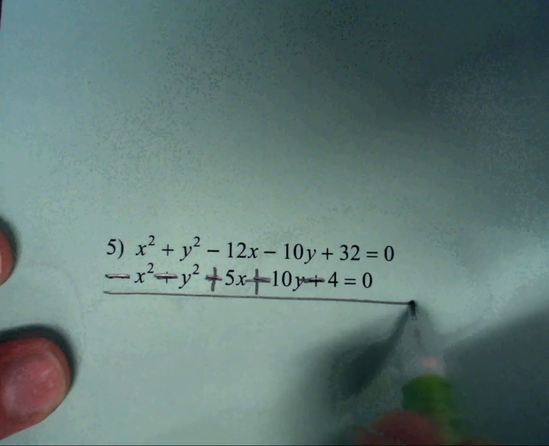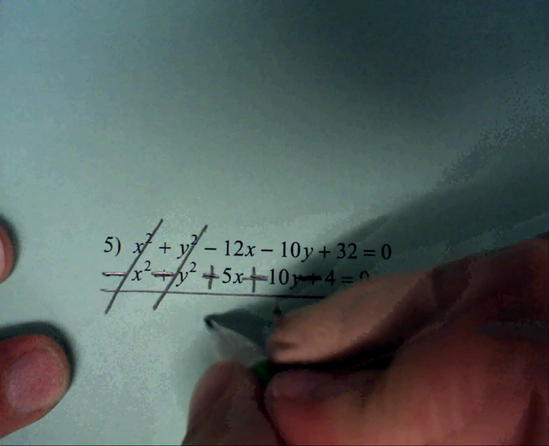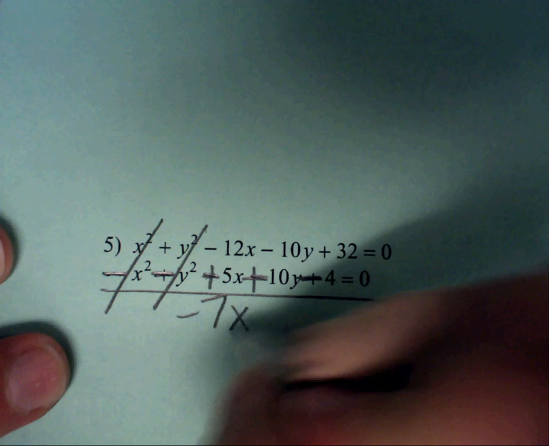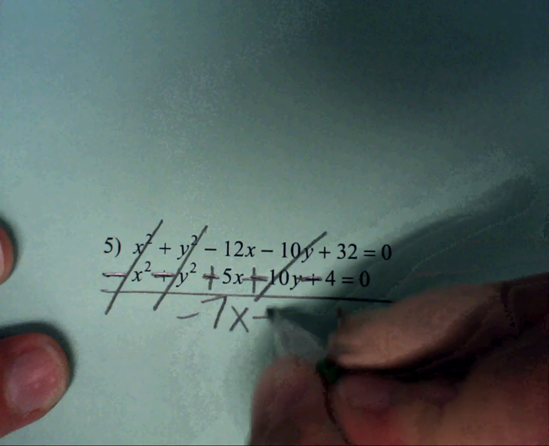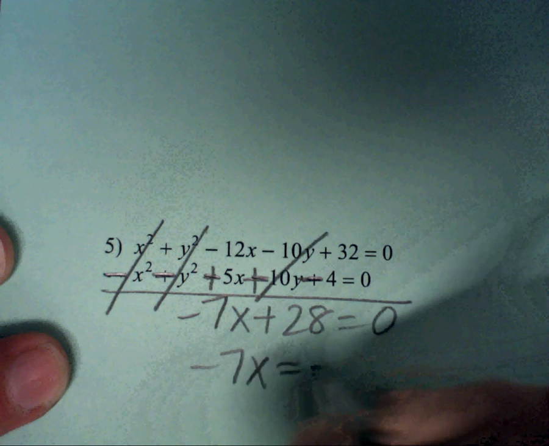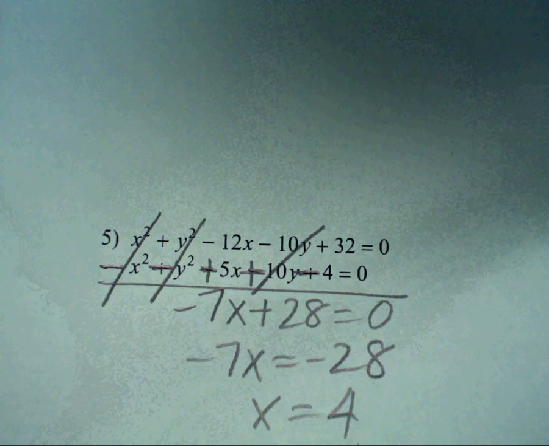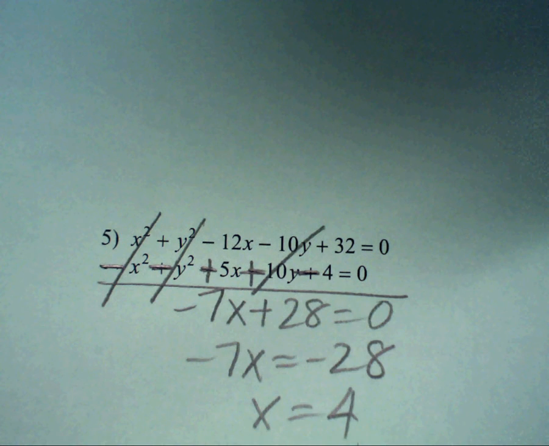It absolutely doesn't matter which equation. I just pick the bottom one. So these cancel. You end up with negative 7x plus, those cancel, 28 equals 0. Then you have a linear equation and you're solving for x. X equals 4. Pick either equation. Doesn't matter.